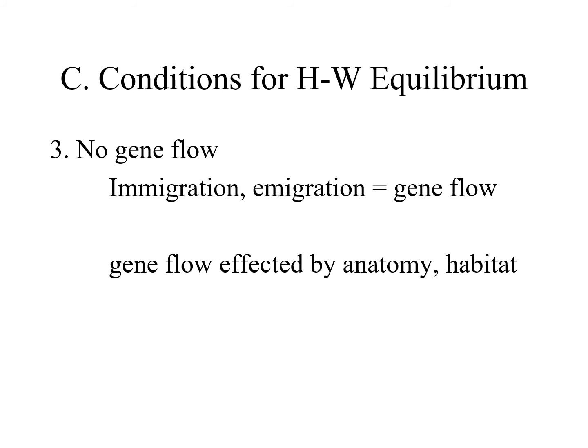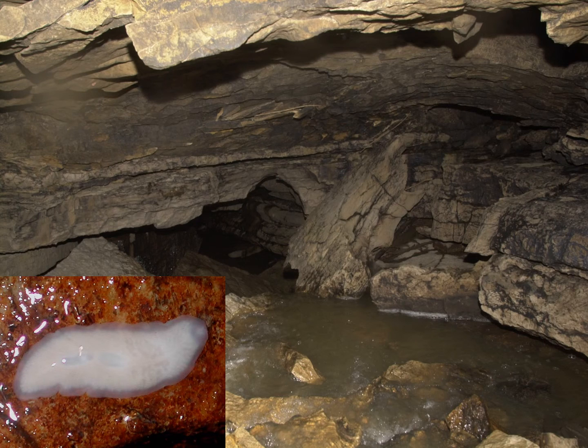Gene flow of a species is affected by several factors, one of them being anatomy. Some organisms have a body type that makes it really hard for them to pick up and move somewhere else. Others might be restricted by habitat if they are specialists to a particular habitat type. I mentioned my interest in caves.